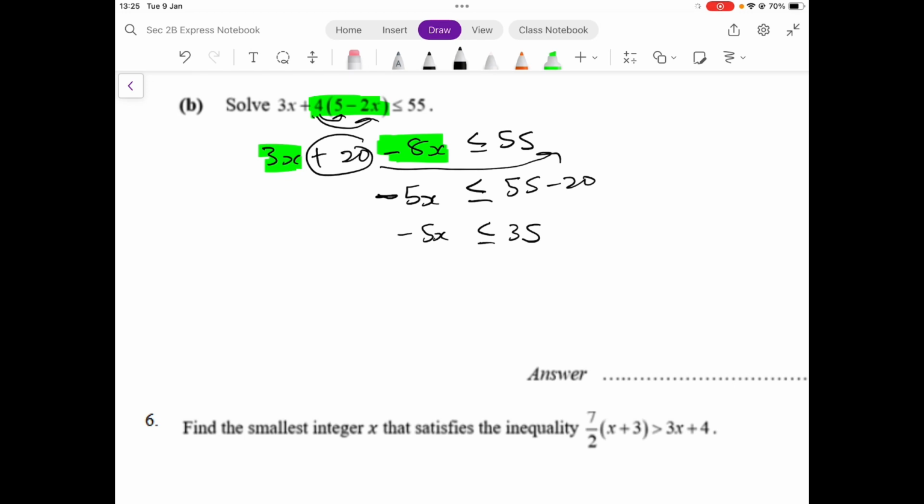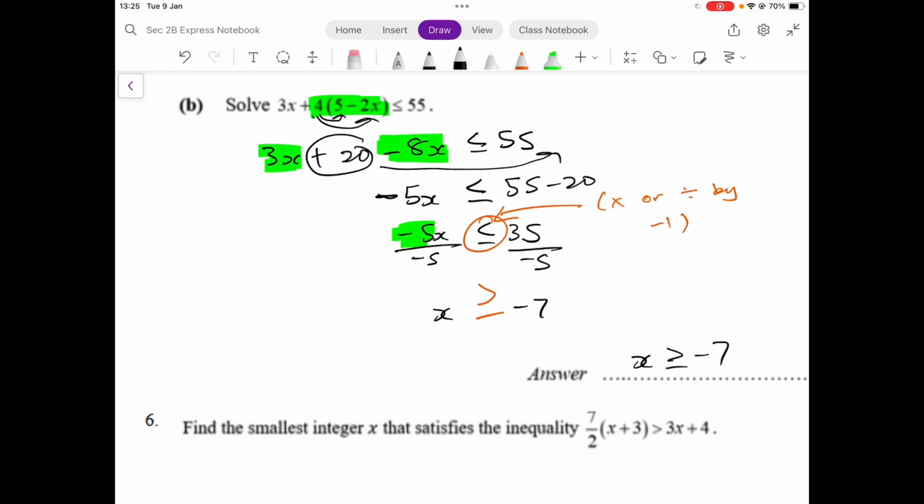Now, because I'm dividing by a negative 5, right, in order to get 1x, this sign here has to flip, because of multiplying or dividing by a negative number. Okay, so from here my answer will be x more than or equal to minus 7.